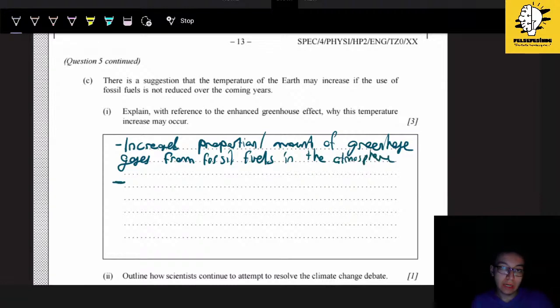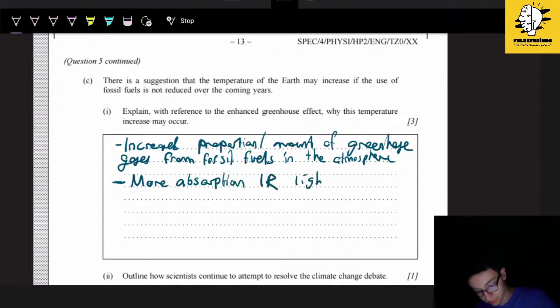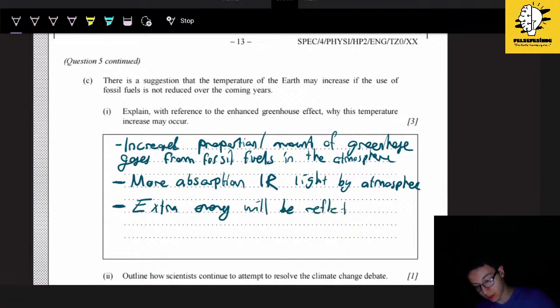And therefore there will be more absorption of infrared light, let's say, by the atmosphere. I just wrote it in the shorter form, and so an extra energy will be reflected back to Earth.